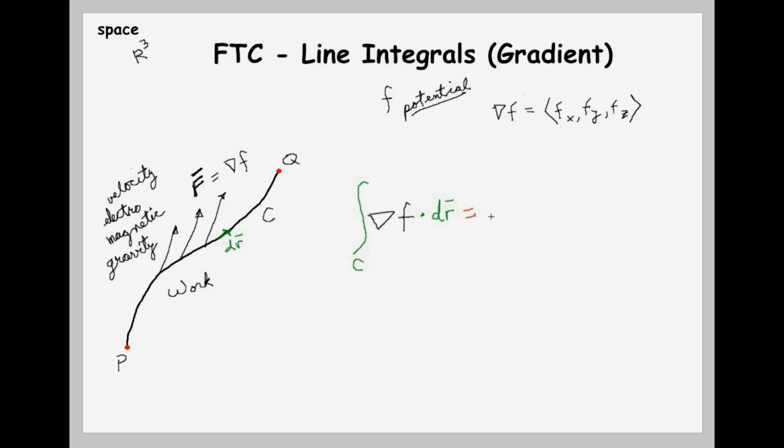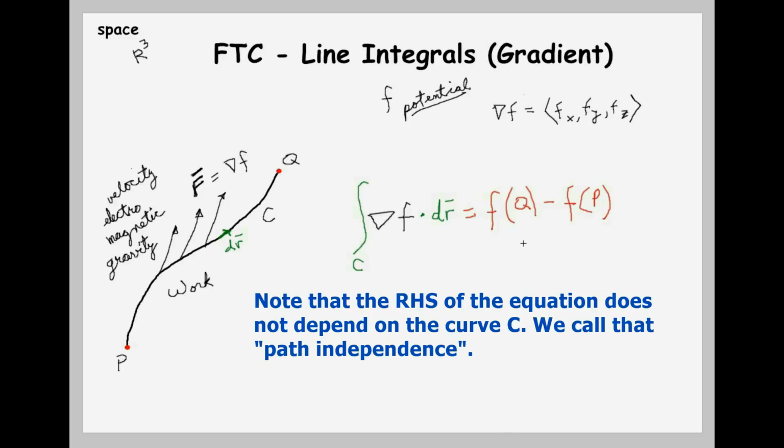So in this case, for line integrals, the answer is going to be the potential function f evaluated at Q minus the potential function f evaluated at point P. So there we have it. The integral of the derivative is, as a physicist or a chemist might say, the change in potential.